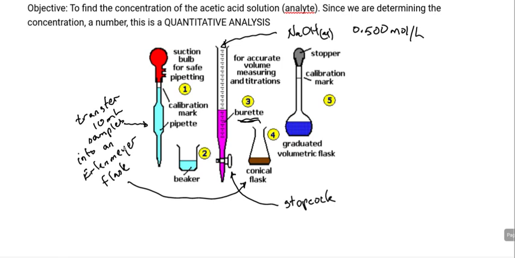So what the burette does is it enables us to add a precise, measurable volume of sodium hydroxide to the analyte, to the acetic acid. Once we've added enough to neutralize the acetic acid, we would stop the flow of NaOH, and then we could determine exactly how much NaOH we added.